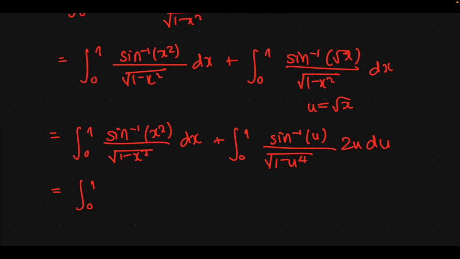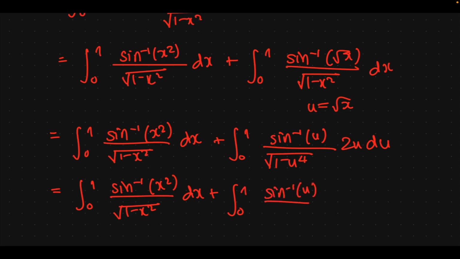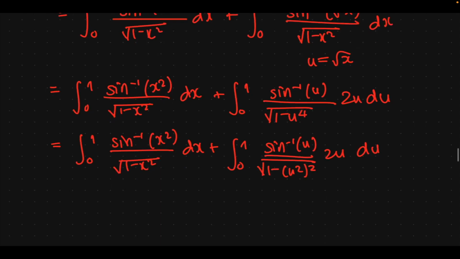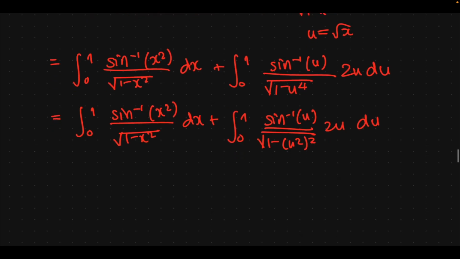And notice we can actually rewrite this slightly to put it into a more agreeable form. So we have sine inverse of u over square root of 1 minus u squared squared, 2u du. Now again, the clever observation is to notice the 2u divided by square root 1 minus u squared squared is actually the derivative of the arc sine of u squared.